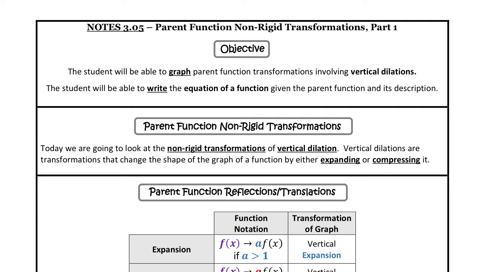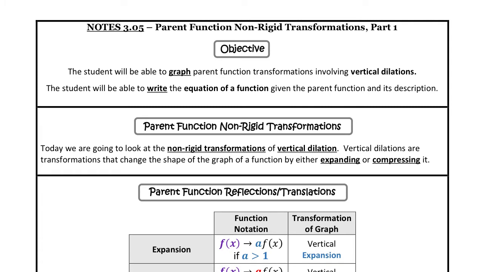In this case, dilation, you can call it stretching or compressing, but we call it expanding and compressing. So vertical dilations are transformations that change the shape of the graph either by expanding or compressing it. So that's what we're going to be looking at today.